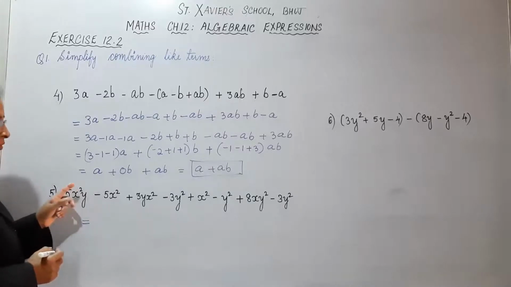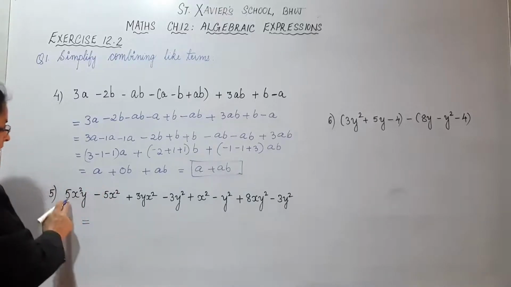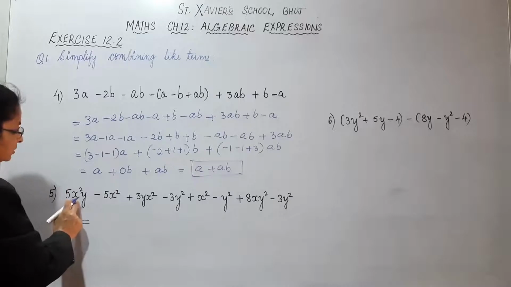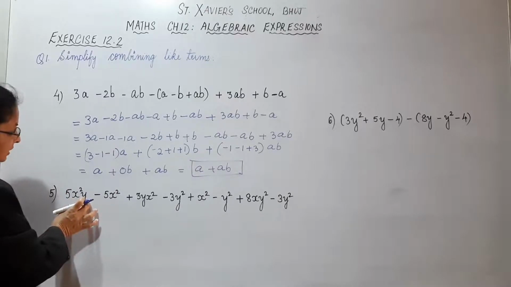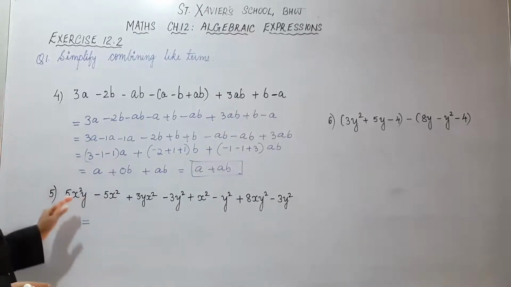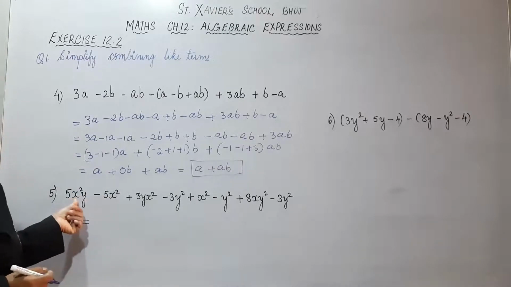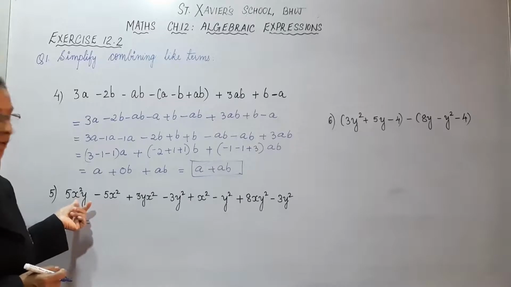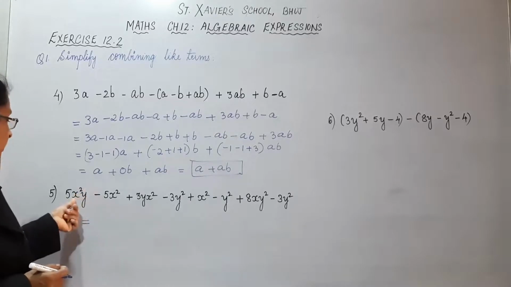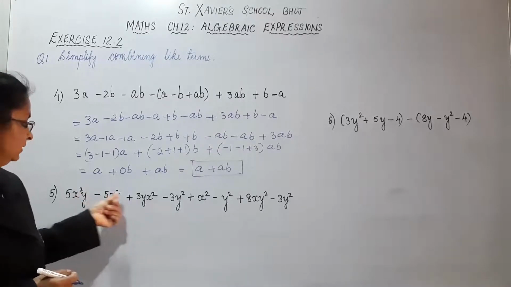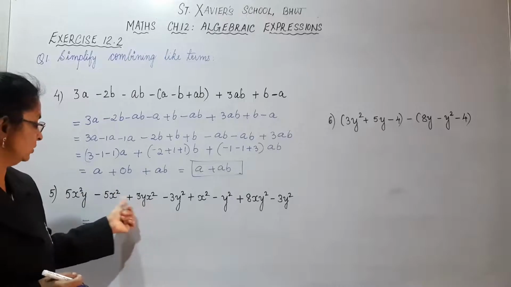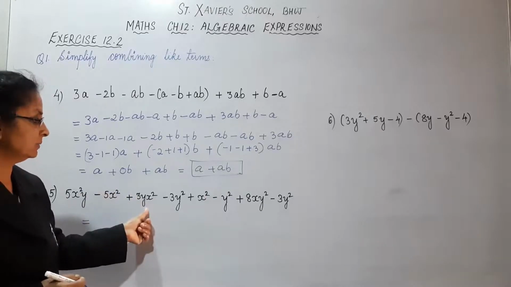Highest power is square, so we can take from the beginning. 5x square y. Check whether there are any like terms. The order doesn't matter. You have to check the variables and their powers. Here it is x square y, here x square y is there. So these two are like terms.